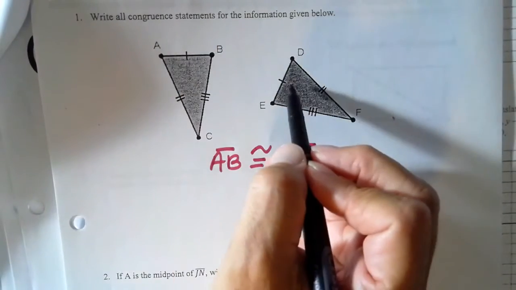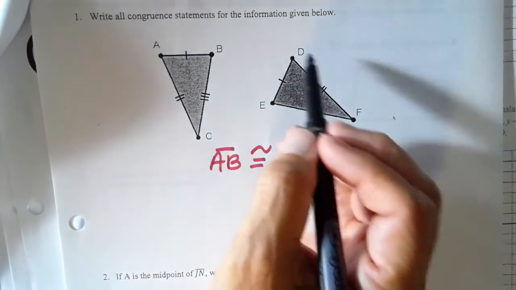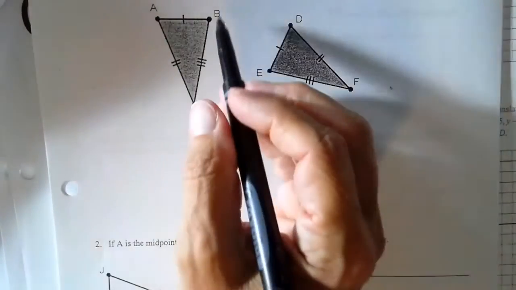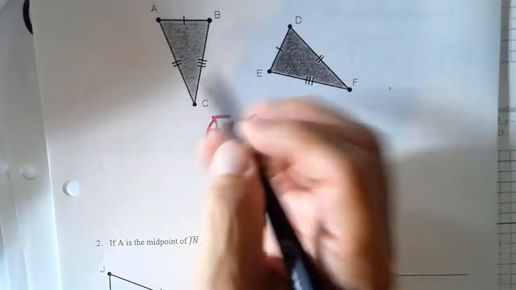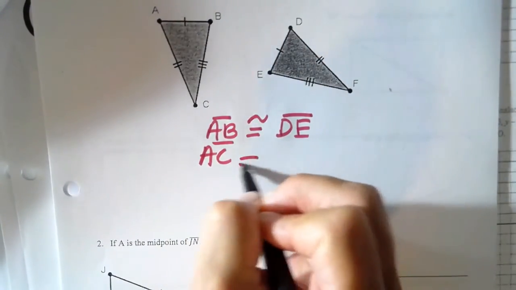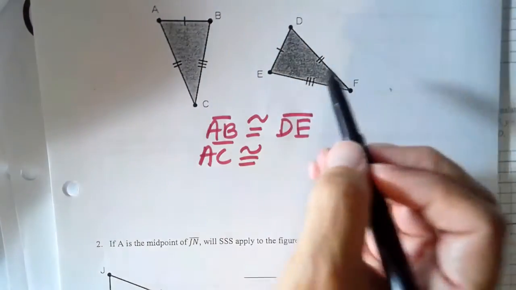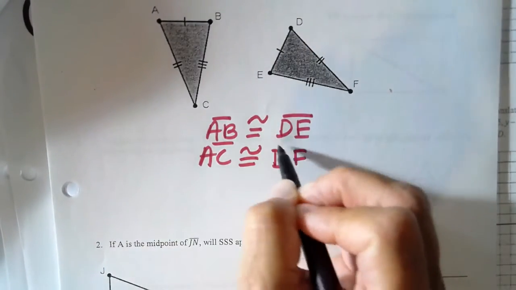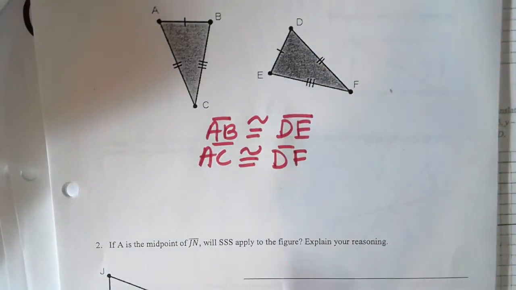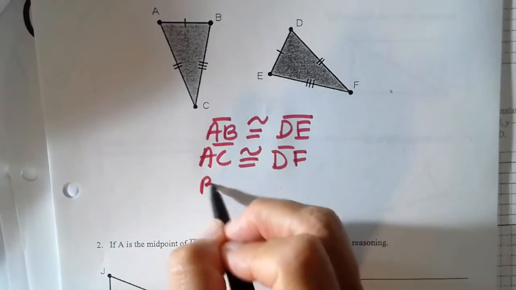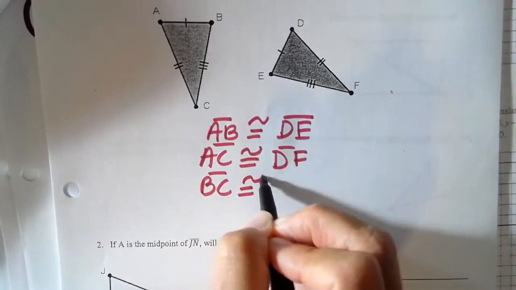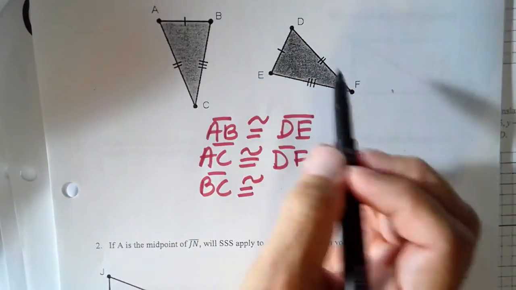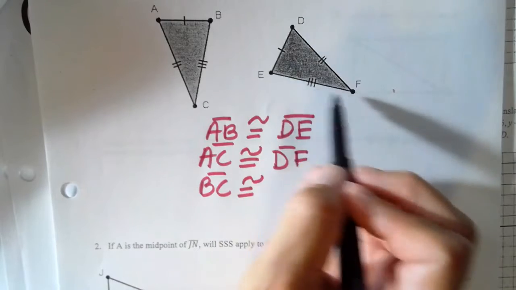Again, 1, 1, and I know A was on the side of 2 and D was on the side of 2. Now I'm going to go to AC. AC is congruent, that has a 2, so I have to do this 2 to DF. And my final one is going to be BC is congruent, BC side 3, EF side here, okay?